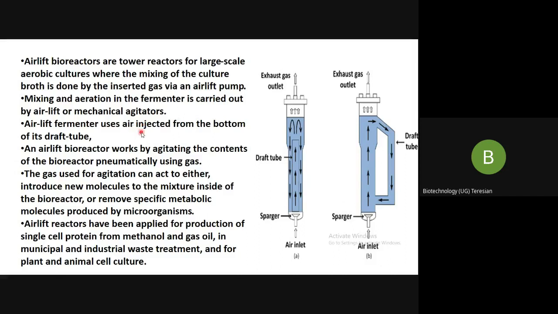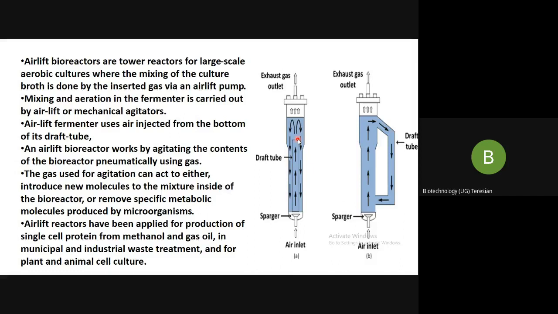An airlift fermenter uses air injected from the bottom of the draft tube. An airlift bioreactor works by agitating the contents of the bioreactor pneumatically using the gas. So there is no requirement for any agitators. Nothing is required here.